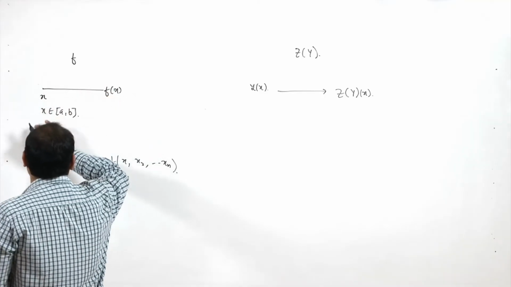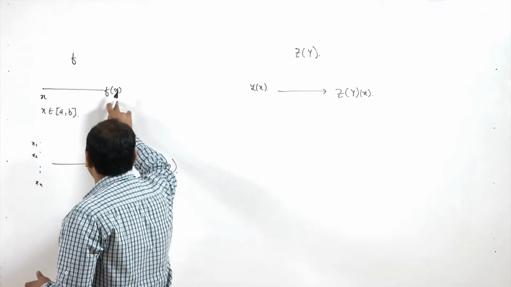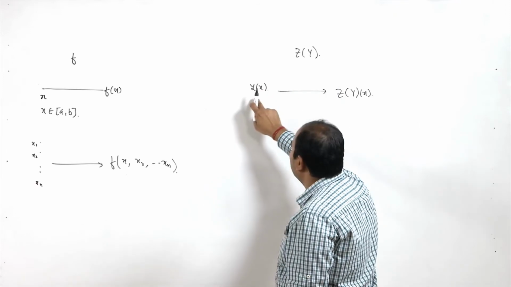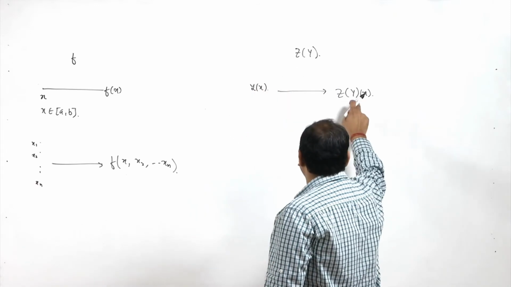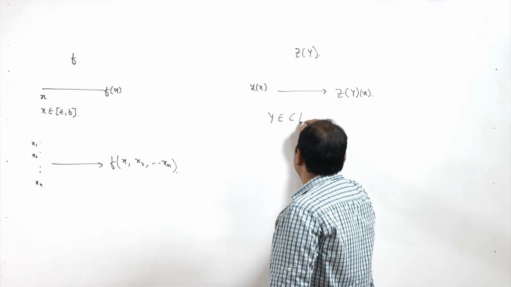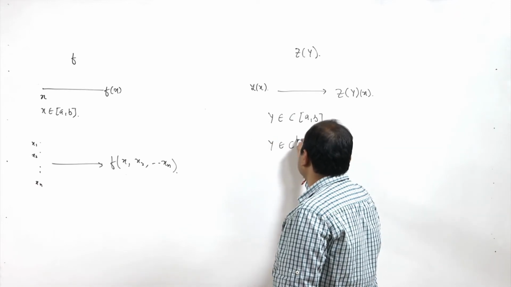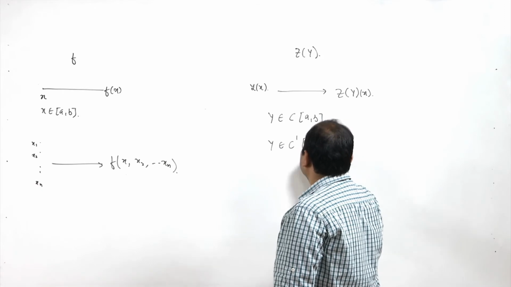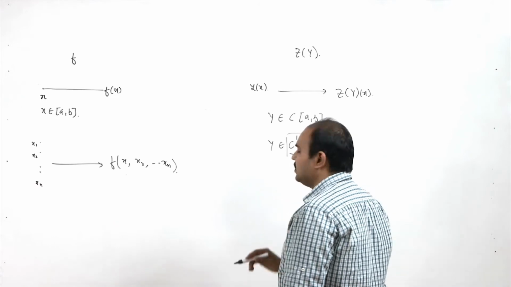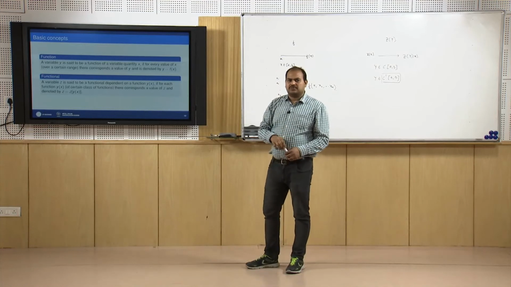Similarly, a functional is a correspondence from a given function y to z of y of x, and here y can be a continuous function from a to b, or a C1 function from a to b. This C1 ab denotes the functions whose first derivative is also continuous.